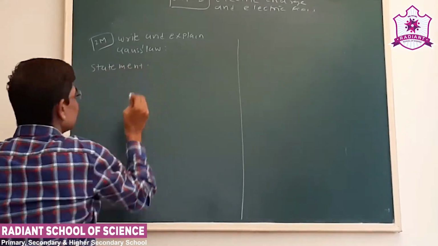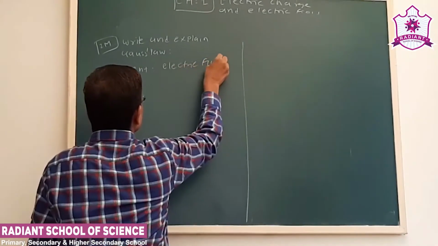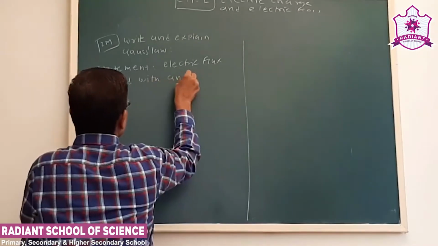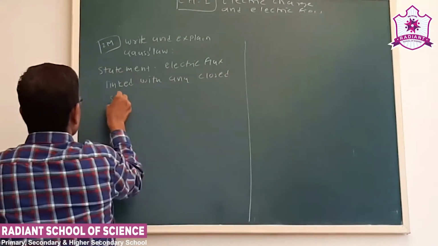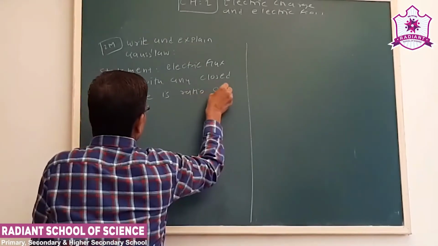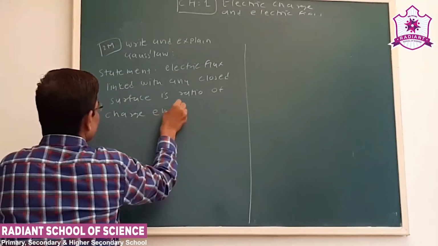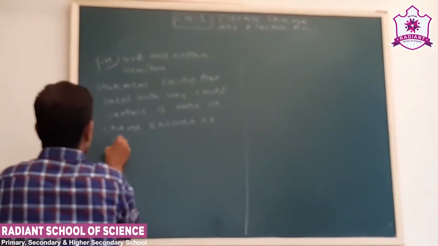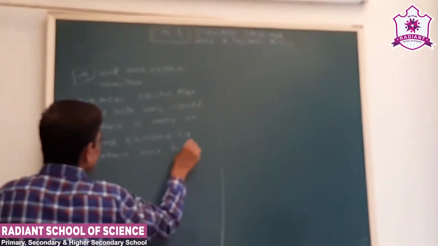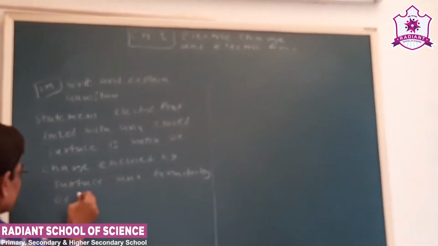Okay, now first we write the statement. Now see, the electric flux linked with any closed surface is the ratio of the charge enclosed by the surface and the permittivity of vacuum.